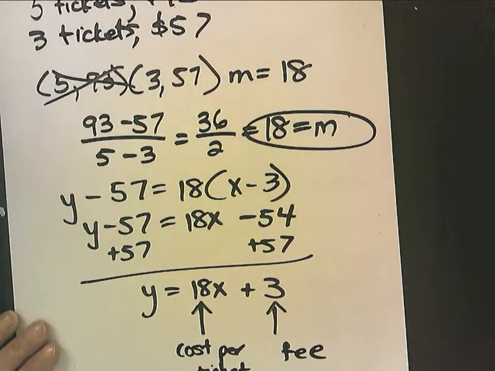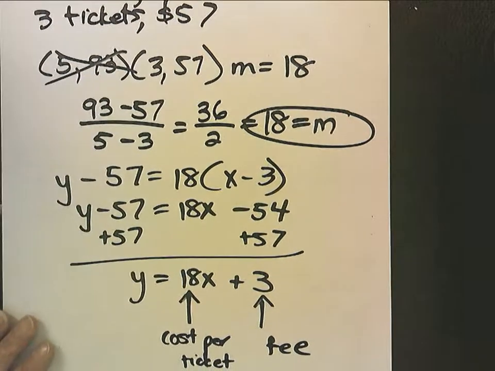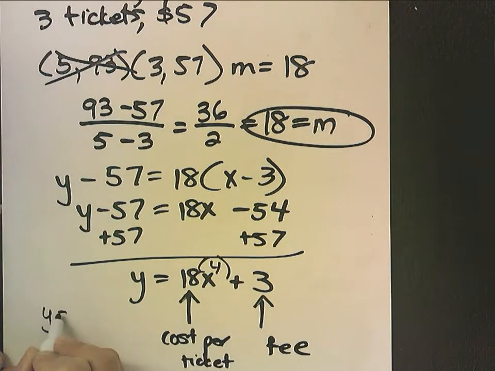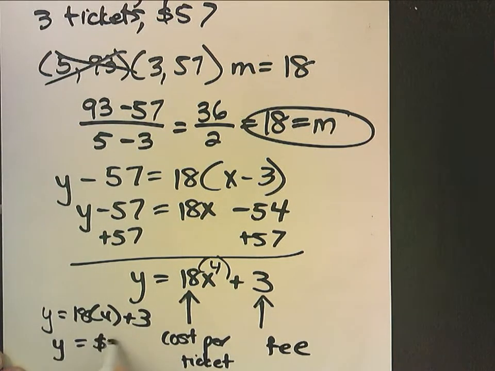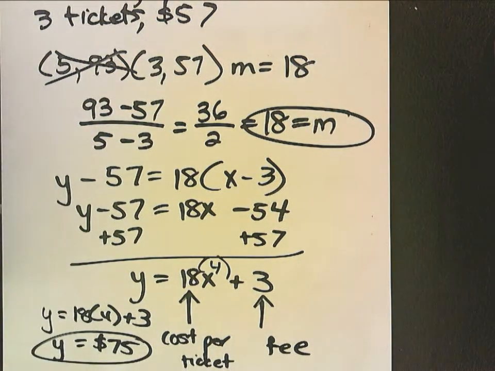To figure that out, I'm going to substitute a 4 for x. So y equals 18 times 4 plus 3, so y equals $75, which means 4 tickets cost $75.